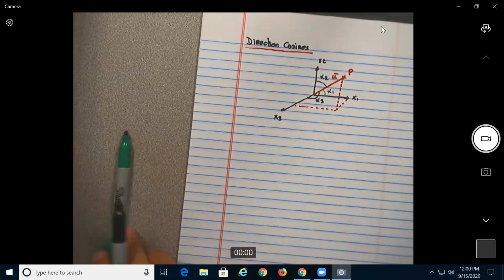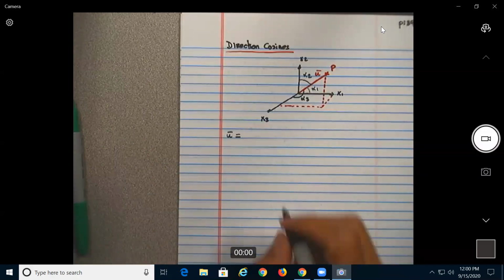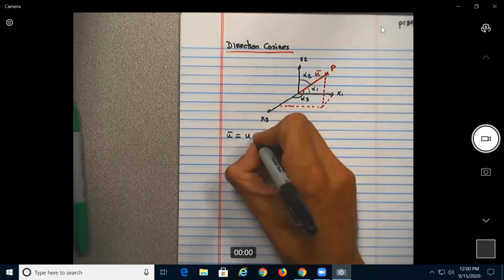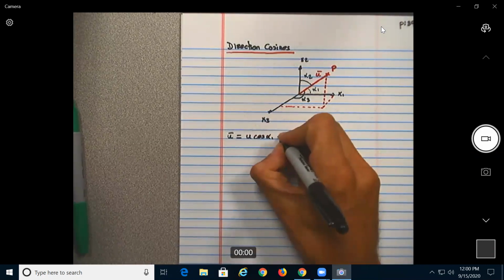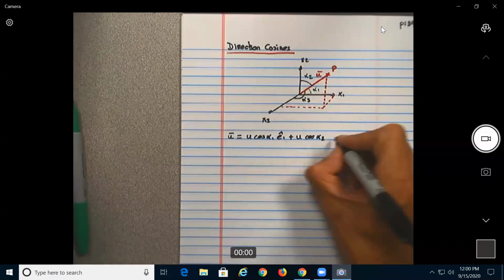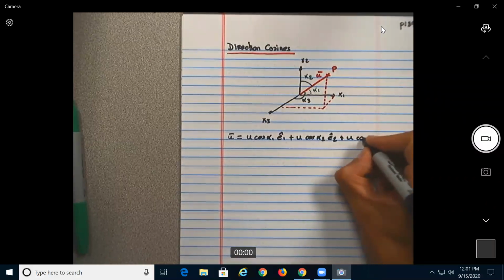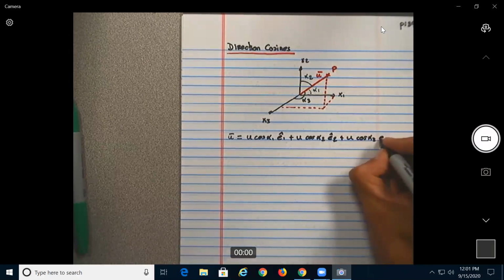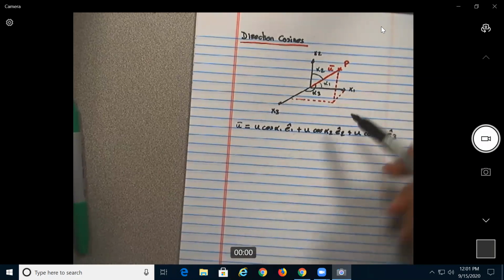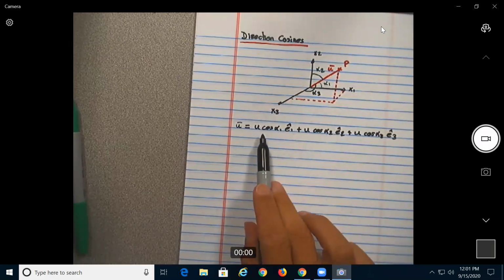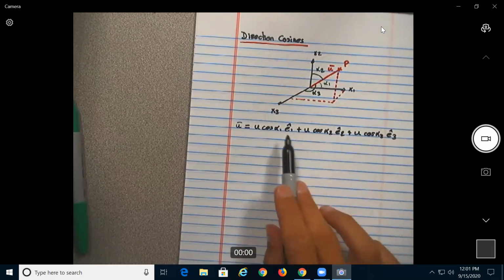So the vector u here is equal to u cos alpha 1 e1 plus u cos alpha 2 e2 plus u cos alpha 3 e3. What will the coordinates be? This is magnitude times directions. So coordinates u1 will be u cosine alpha 1, u2 will be u cosine alpha 2, u3 will be u cosine alpha 3, and the directions will be e1, e2, e3.